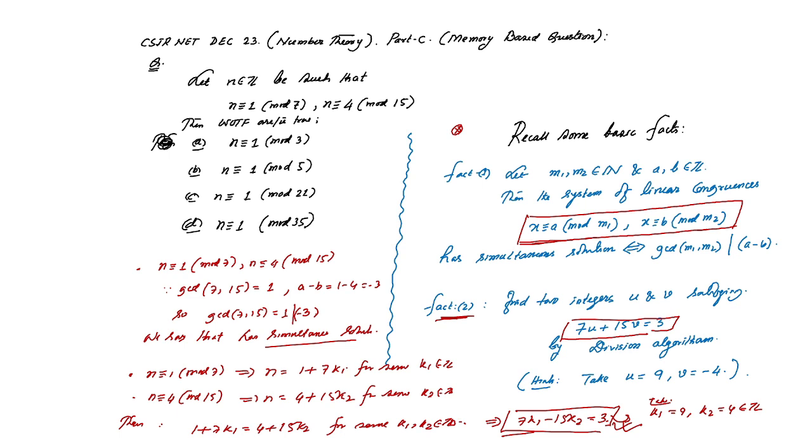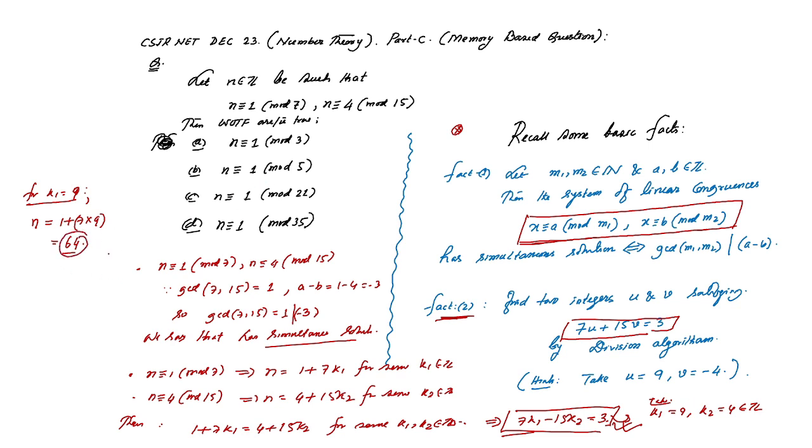Now we put the value of k1 here. For k1 equals 9, our n is 1 plus 7 into 9, which is 64. Or you can put k2 equals 4 and you will get n equal to 64.